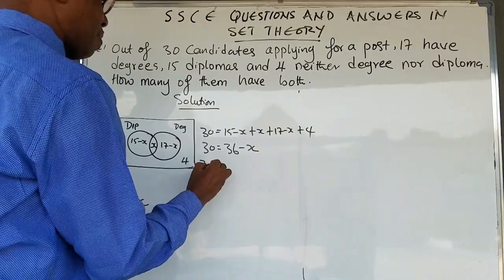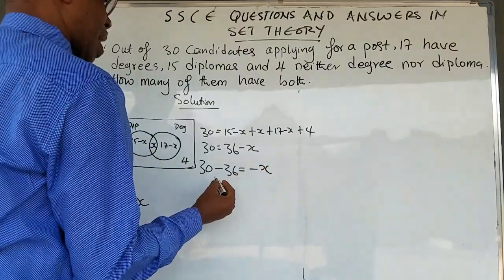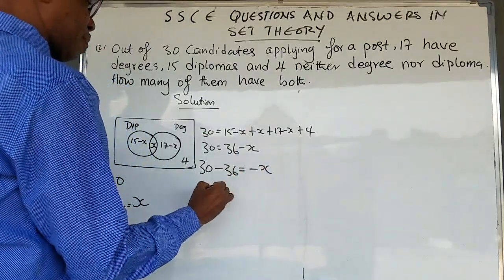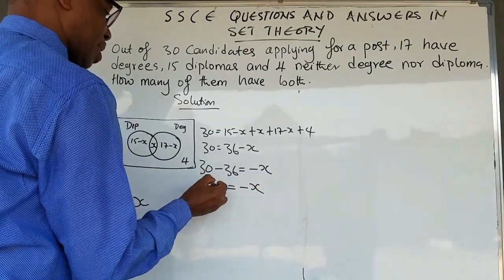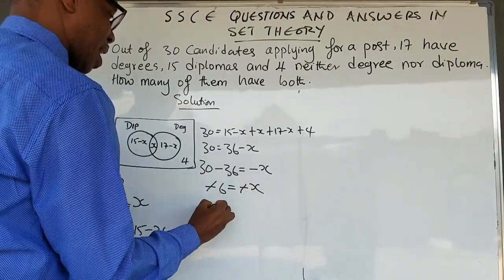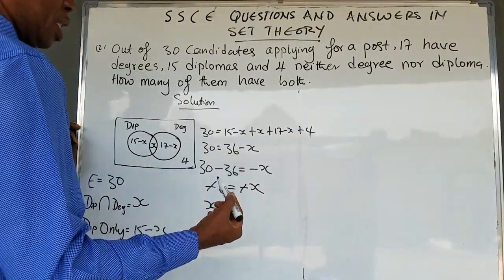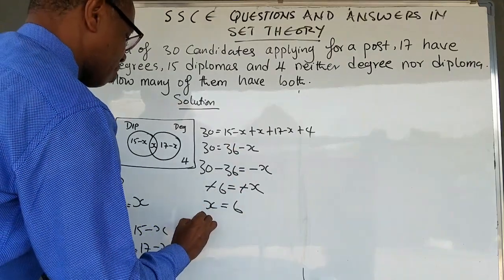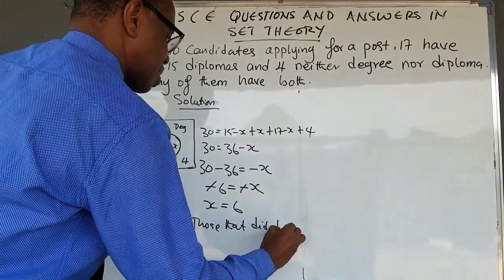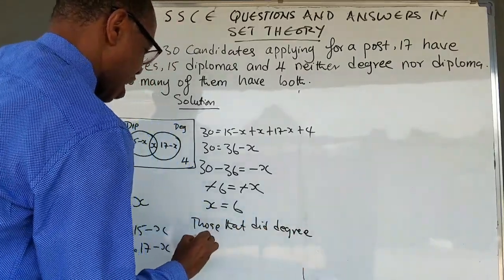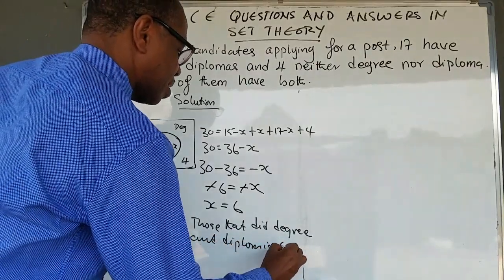Taking like terms, we now have 30 minus 36 is equal to minus 2X. That will give us minus 6 is equal to minus 2X, so X is equal to 3.